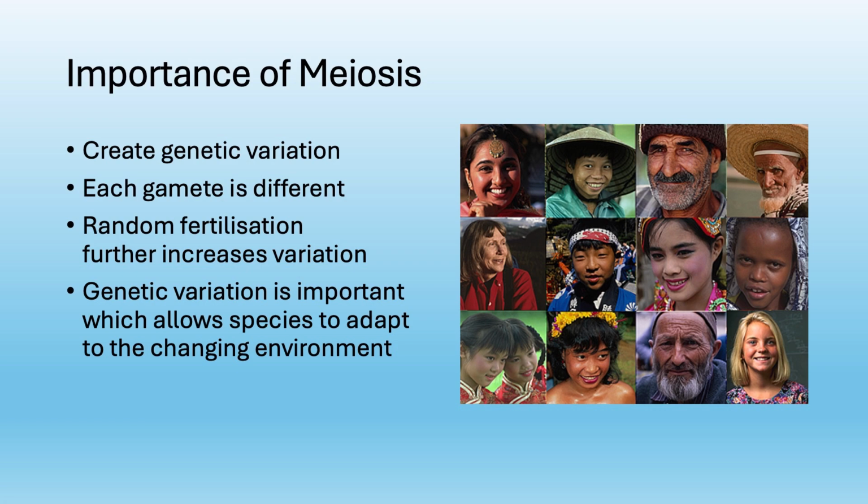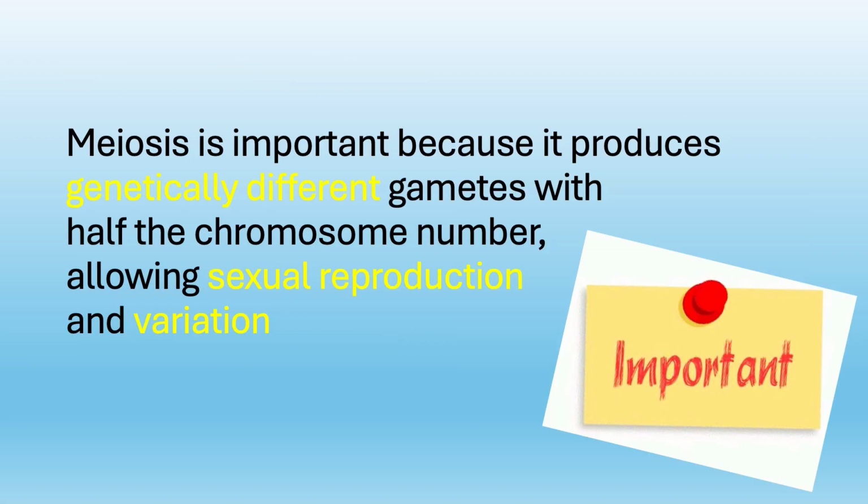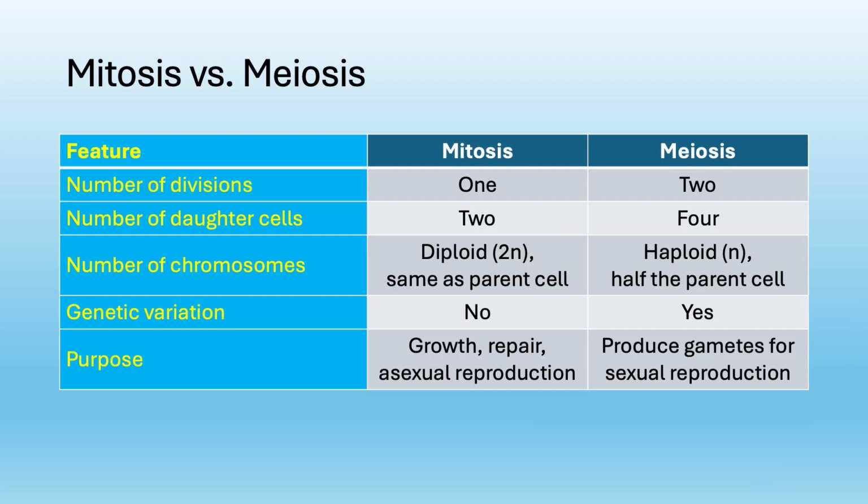Genetic variation is important because it allows species to adapt to changes in the environment and survive natural selection. Meiosis is important because it produces genetically different gametes with half the chromosome number, allowing sexual reproduction and variation.